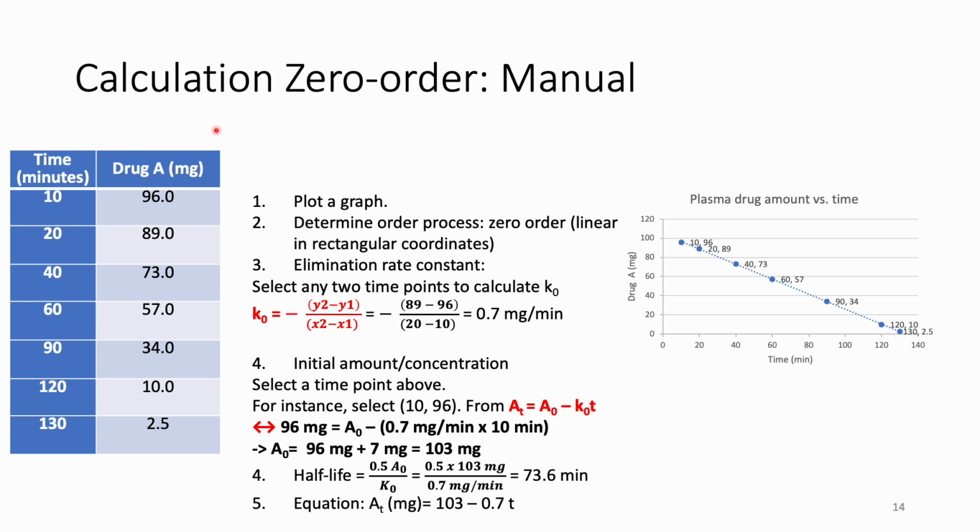So that's how to calculate the pharmacokinetic parameters using the graph, the data of time and drug amount in the plasma. You just use a simple calculator, then you can calculate this data. And again, before you do anything, you need to plot a graph, determine the process, then you calculate the other parameters following this step.